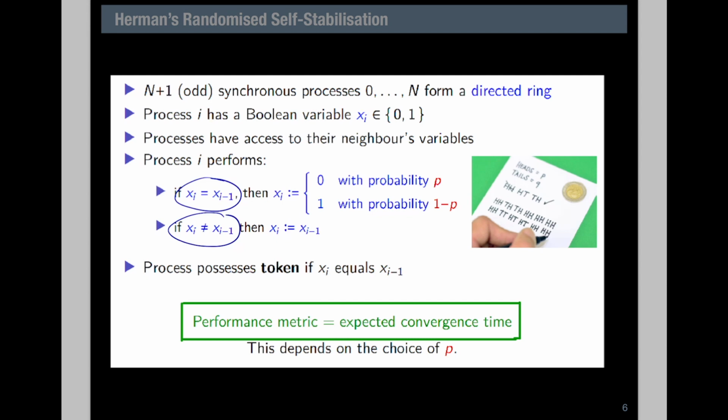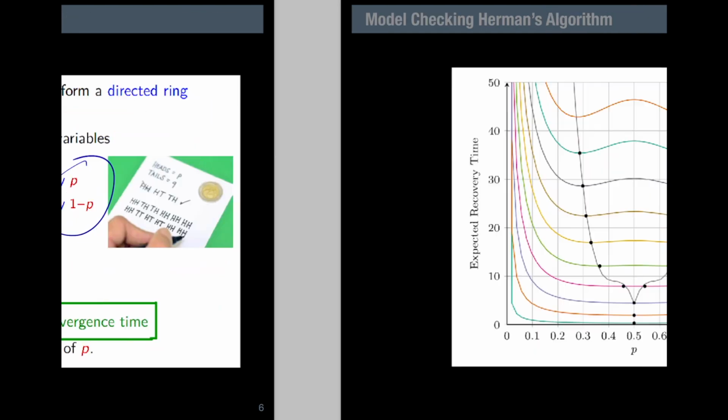The typical metric to measure the performance of this algorithm is to consider the expected convergence time. So what's the expected number of computational steps that the distributed system needs to end up in a stable situation? Now, in Herman's protocol, this of course depends on the probability, the bias of the coin.